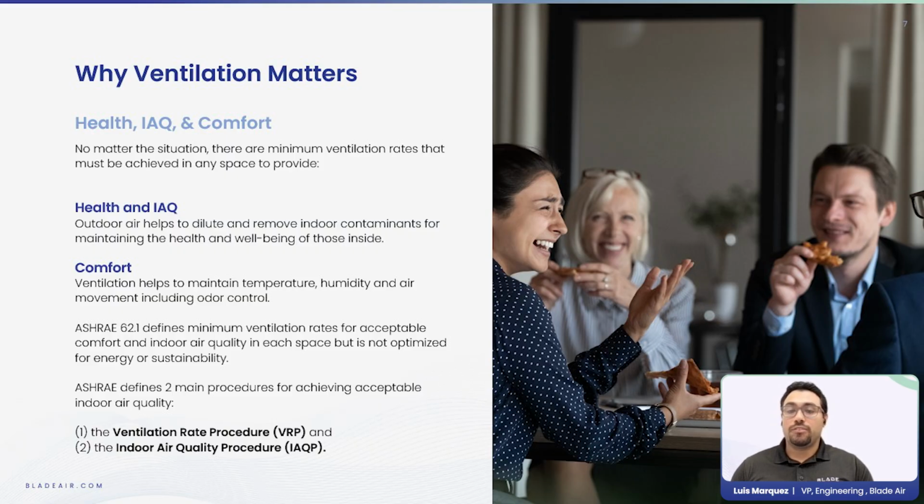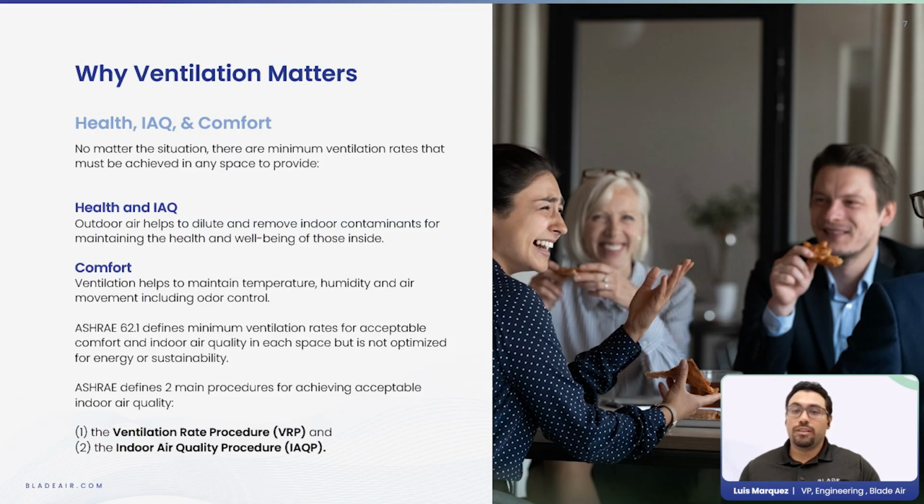For many, many decades, ASHRAE has provided two methods for ensuring clean air in a space: the ventilation rate procedure, or VRP, and the indoor air quality procedure, or IAQP. Again, the problem is that the method of providing ventilation to achieve these goals never really considered energy as a major factor.